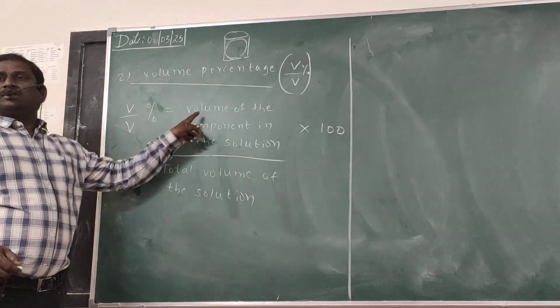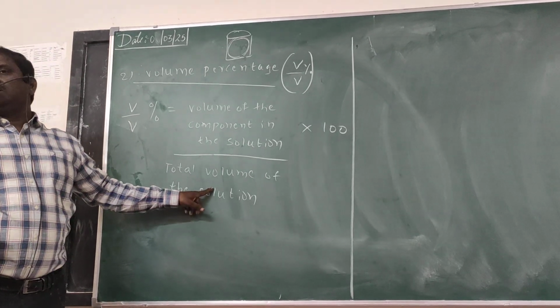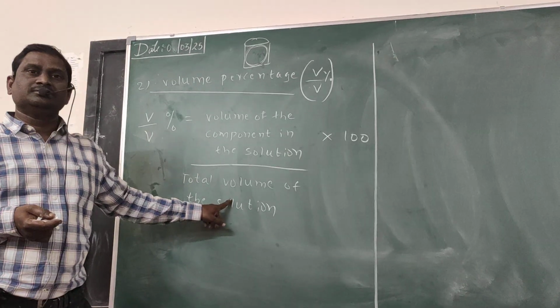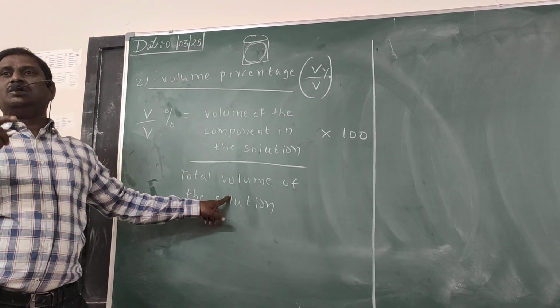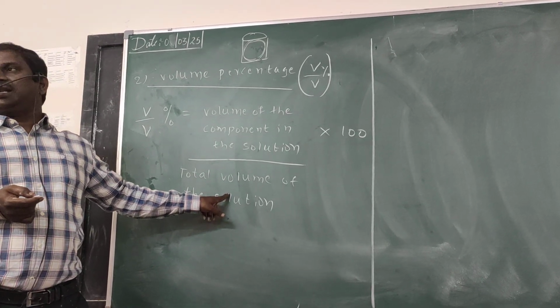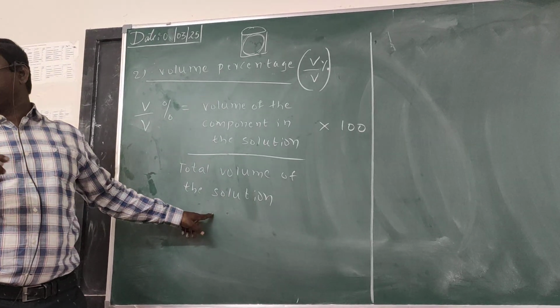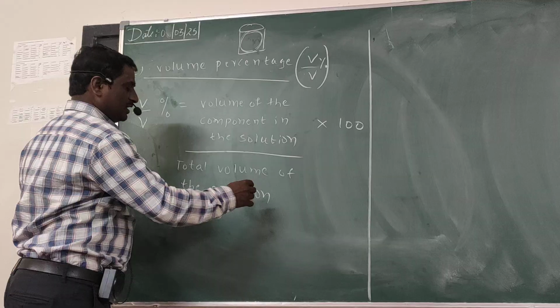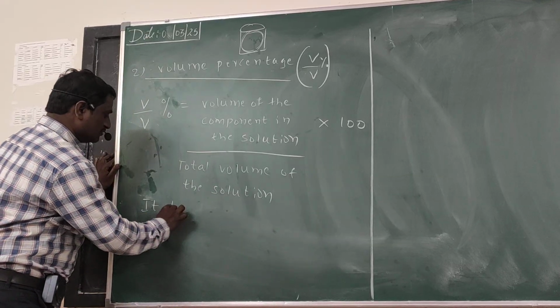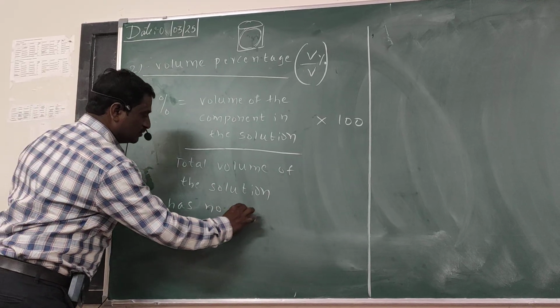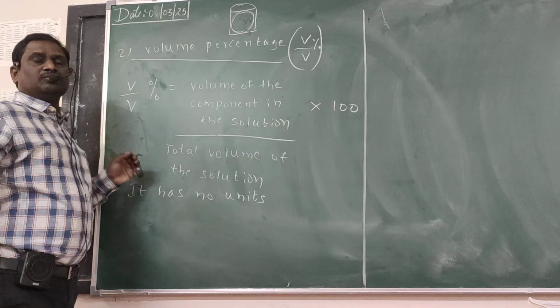Now see, both are volumes. How do you measure volume? In ml. The ml will get cancelled. Then are there units? No units. So that's why it has no units.